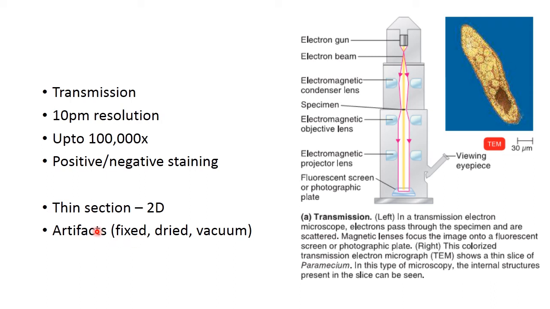And sometimes this can produce artifacts as well. However, the significance is that the resolution and magnification obtained by transmission electron microscopy is much higher as compared to any other microscopic technique we have studied.